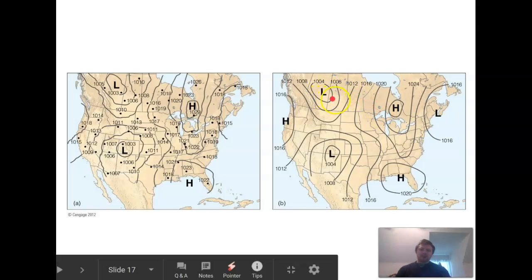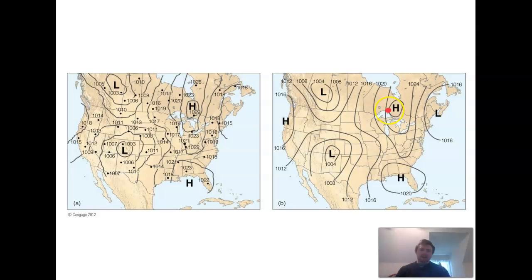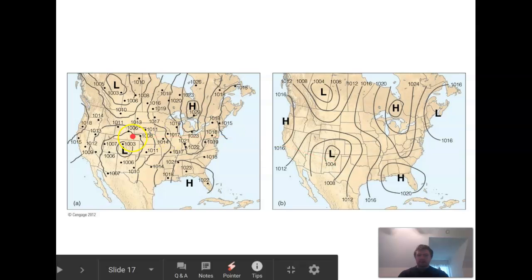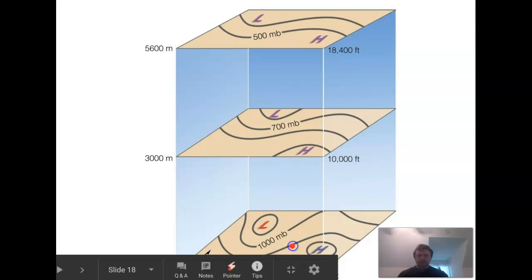Here the pressures were increasing until eventually I got to my highest point, and then they start decreasing again. You don't always just have one particular localized low and high. We can have multiple high pressures, multiple low pressures.